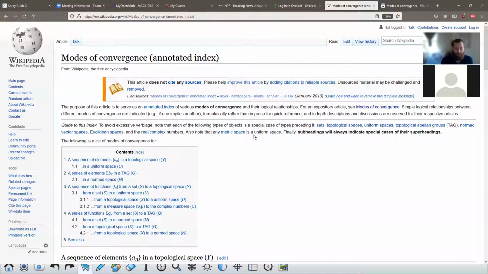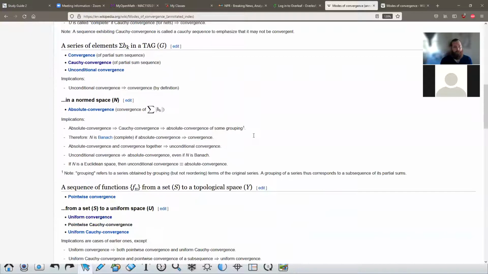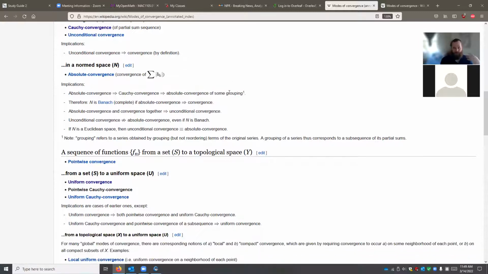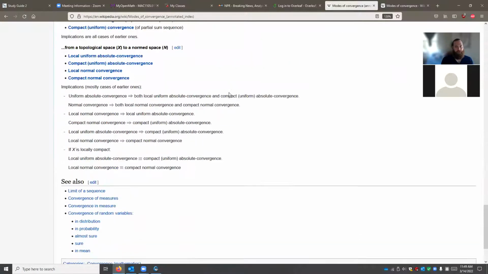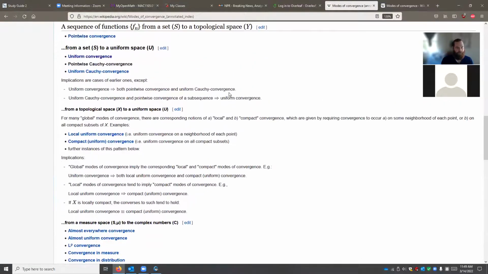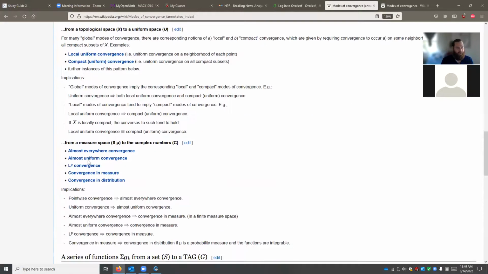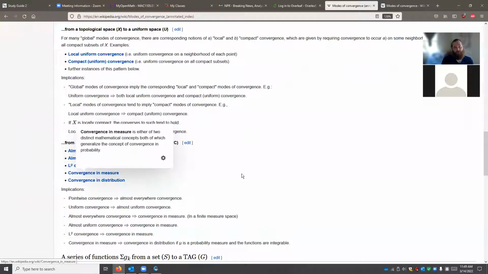But since you asked, conditional convergence and absolute convergence are not the only two kinds. There are many, many, many different kinds of convergence. So if following that logic, why not just do it all at once? Well, here are all the different kinds of convergence that exist, right? And you see compact uniform convergence, almost everywhere convergence, LP convergence, convergence in measure, convergence in distribution.